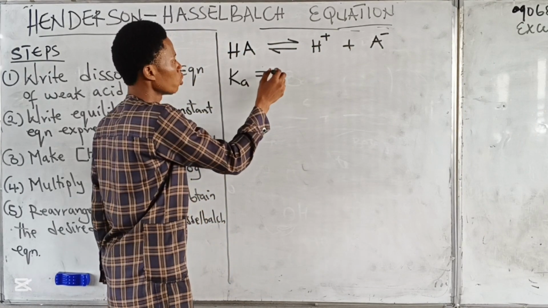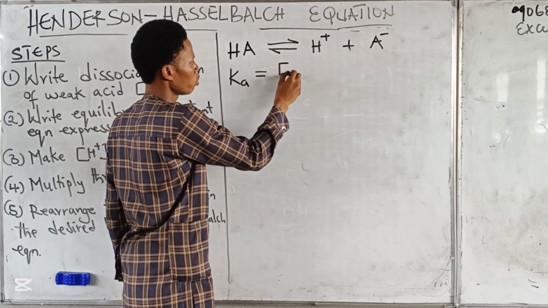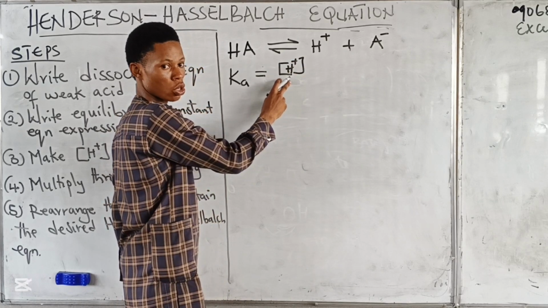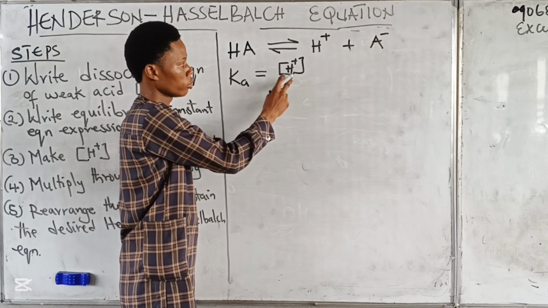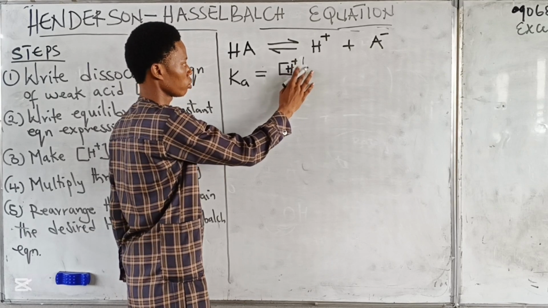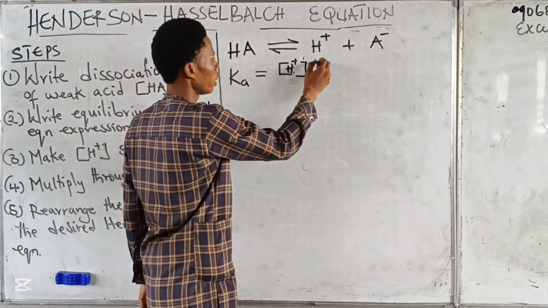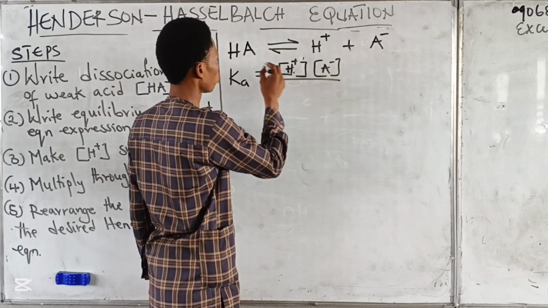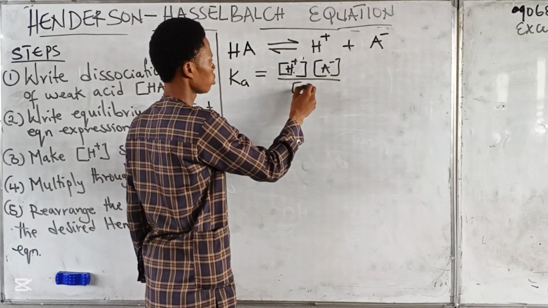The products give us the concentration of H+. Take note I'm using square brackets because we are talking about concentration. Then A minus, all over the reactant, which is HA.